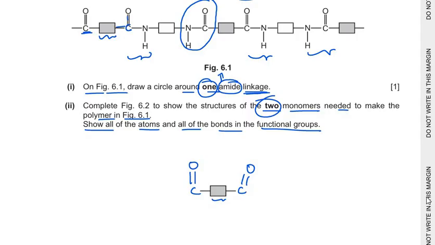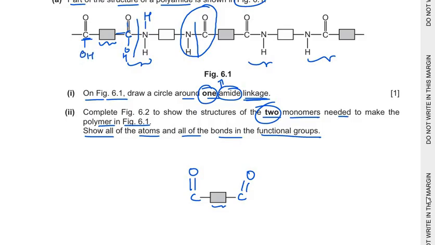Now what we have to do is we have to break from the linkage, and we have to add the water. So OH will be added to the carboxylic part, and only H will be added to the amine part, that is NH part. So both ways we are going to do this, that is OH has to be added on the carboxylic, that is C double bond O part, and H has to be added on the amine part.